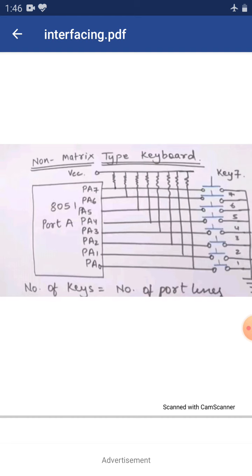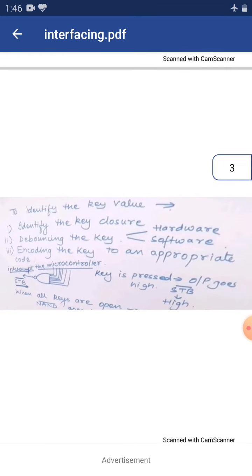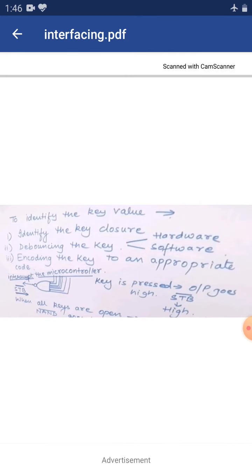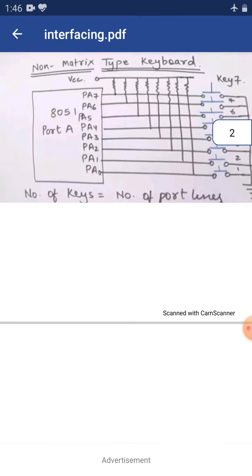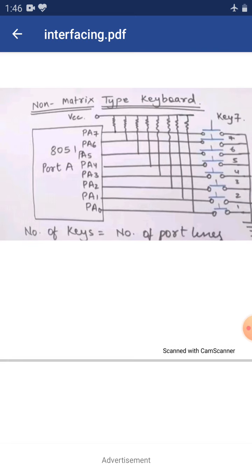So first it will identify, then it will wait for debouncing, that means the key is pressed and released. And the third point is encoding. As we already know, we are using values 1, 2, 3, 4, 5, 7, but the 8051 cannot directly show that particular value.